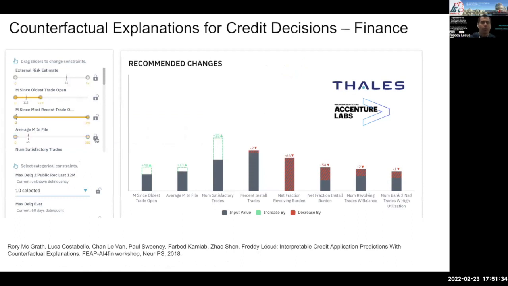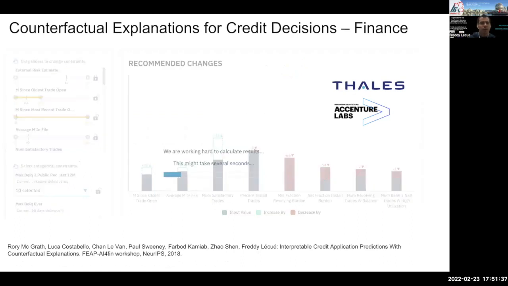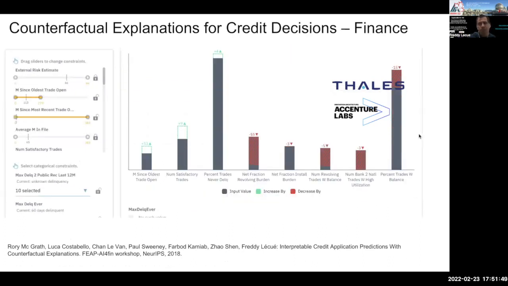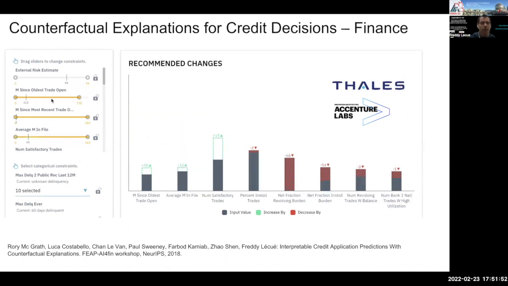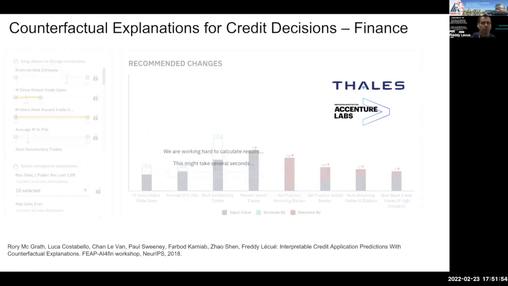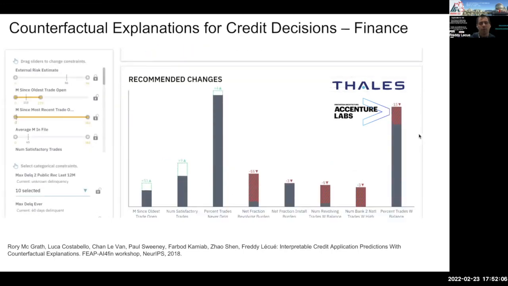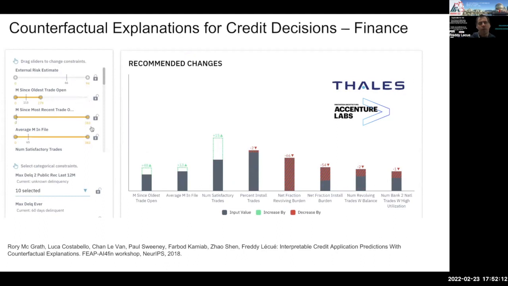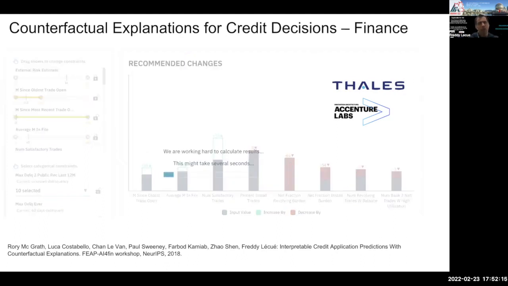Another work is on counterfactual explanation, which we presented during the challenge at NeurIPS in 2018. Here, what you see are the different features describing the history of a person, and then you decide whether to approve or disapprove a credit application, and those features that you see on the left can be changed.